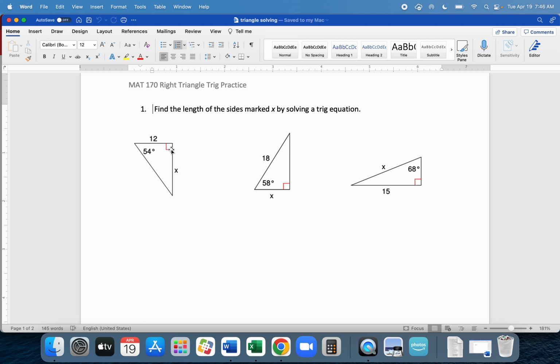Tangent of 54 is this unknown x over 12, the adjacent side. So in an exact form, just multiplying through both sides of this by 12 gets x by itself.